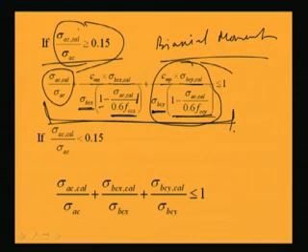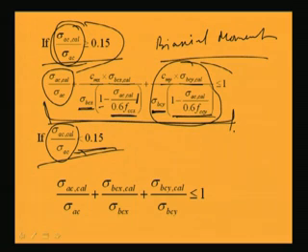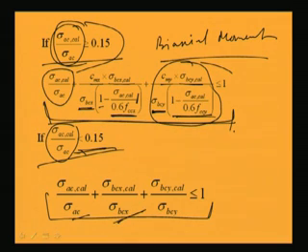When this ratio of sigma AC calculated by sigma AC becomes greater than 0.15, this applies. And if the ratio becomes less than 0.15, then simply we can use this formula where there is no modification factor: sigma AC calculated by sigma AC plus sigma BCX calculated by sigma BCX plus sigma BCY calculated by sigma BCY, right.